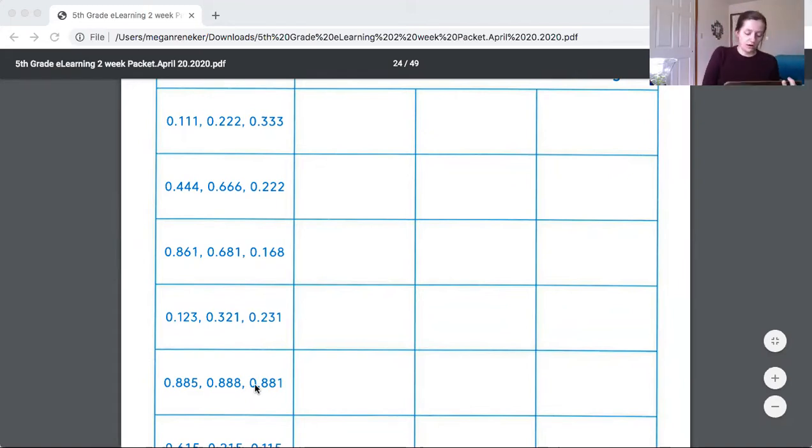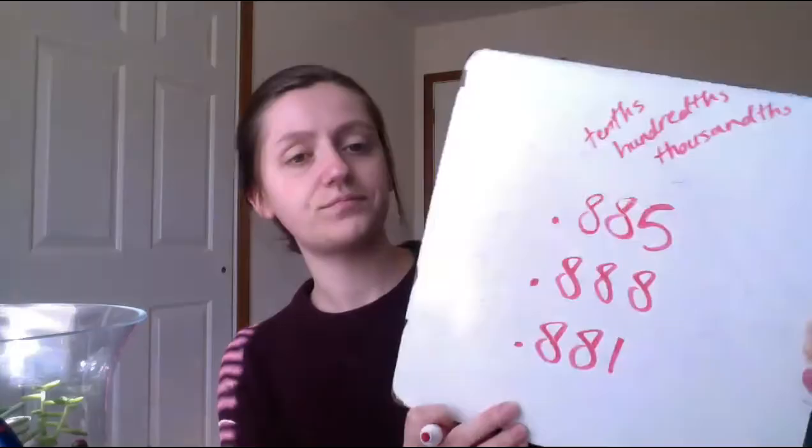So if you come across a problem like that, that has the same number in the tenths place, and even in this problem, the same number in the hundredths place, we have to do a little bit more comparing. It doesn't necessarily make it harder. It's just a few more numbers that we have to take a look at.